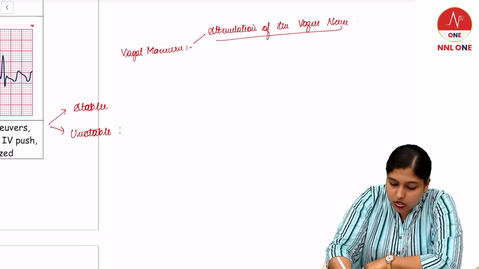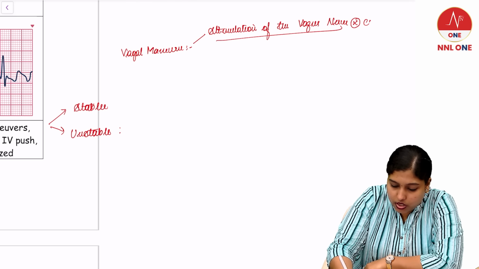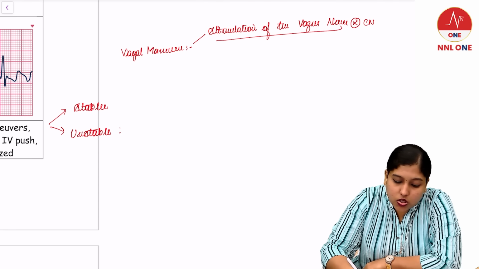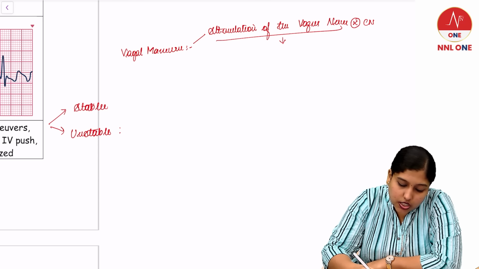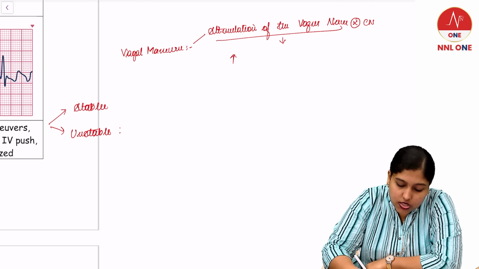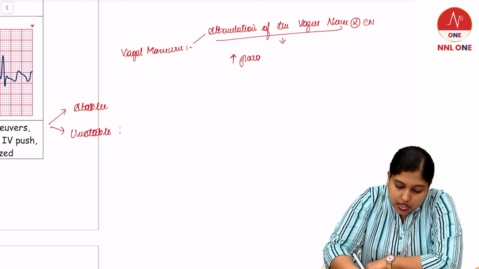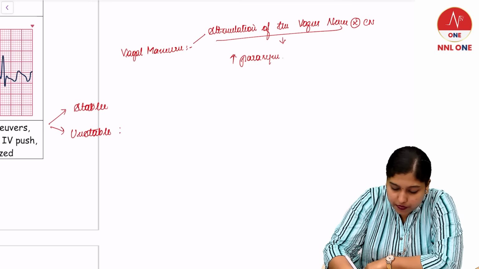Vagus nerve is your 10th cranial nerve. So stimulation of this vagus nerve is going to cause increased parasympathetic nervous system stimulation.